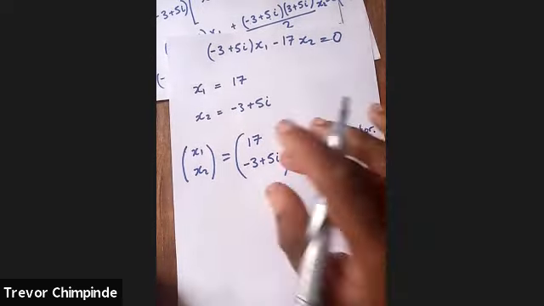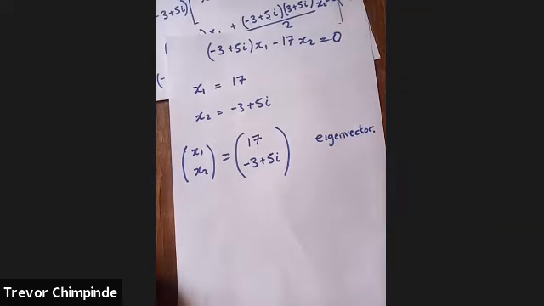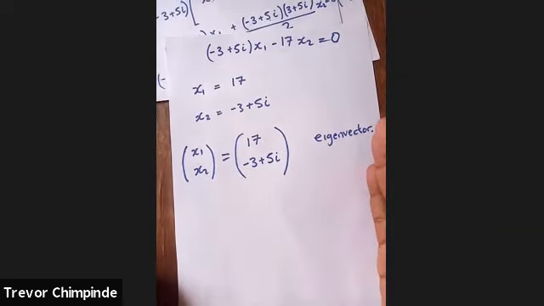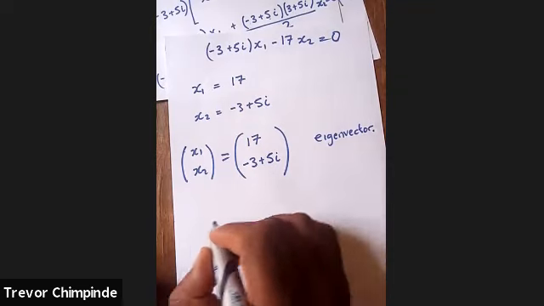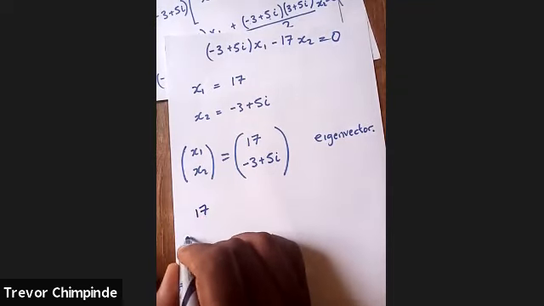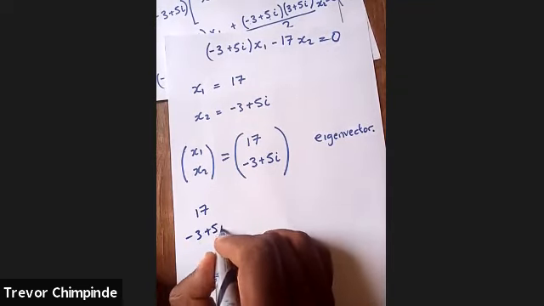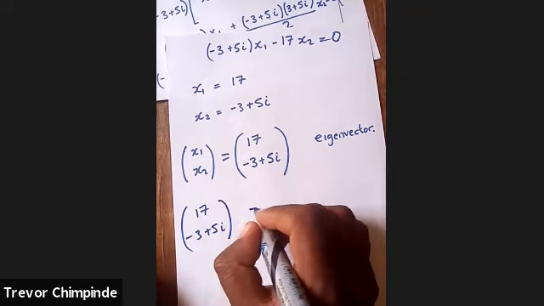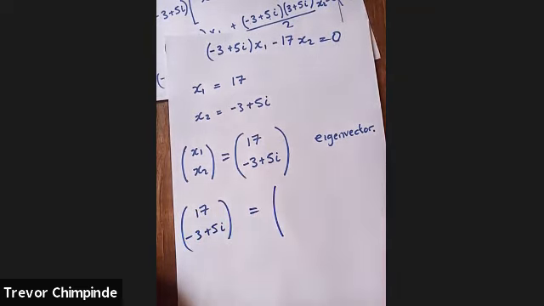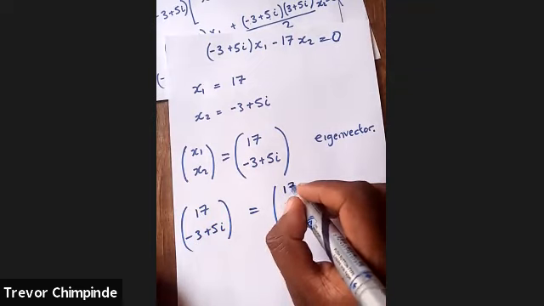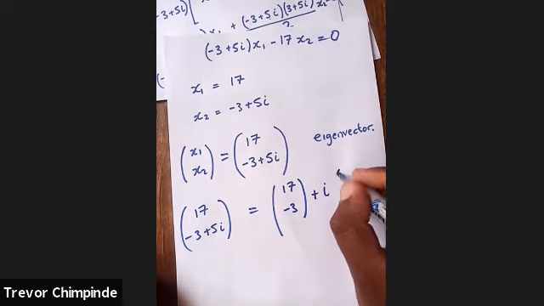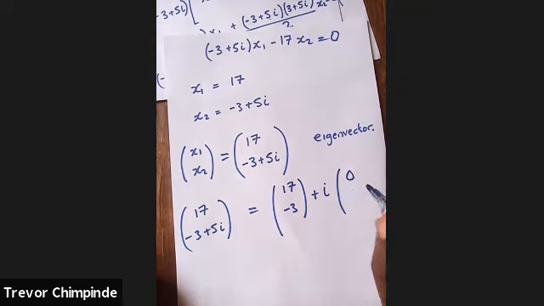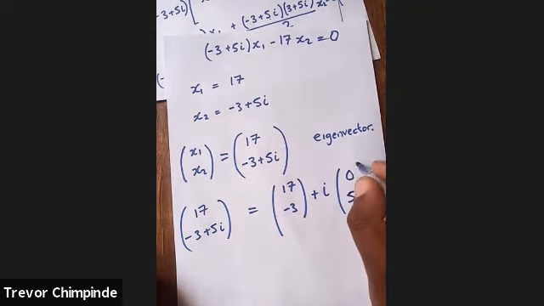Since it has complex entries, if you want, you can write it in the form a plus bi, where you have the real part and the imaginary part. So this 17, -3 plus 5i, writing it in the standard form, you're going to have 17 here, -3 there, then plus i, then 0 there, and 5 there.